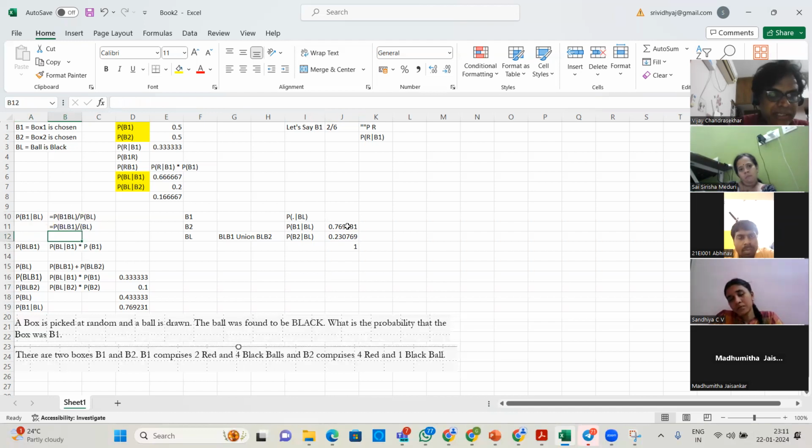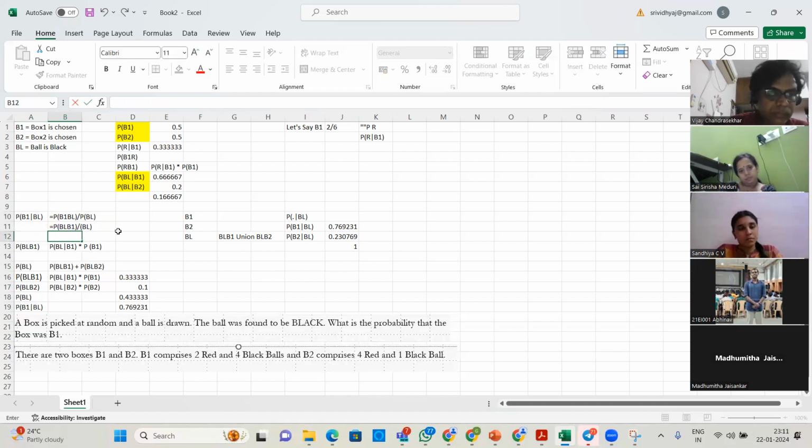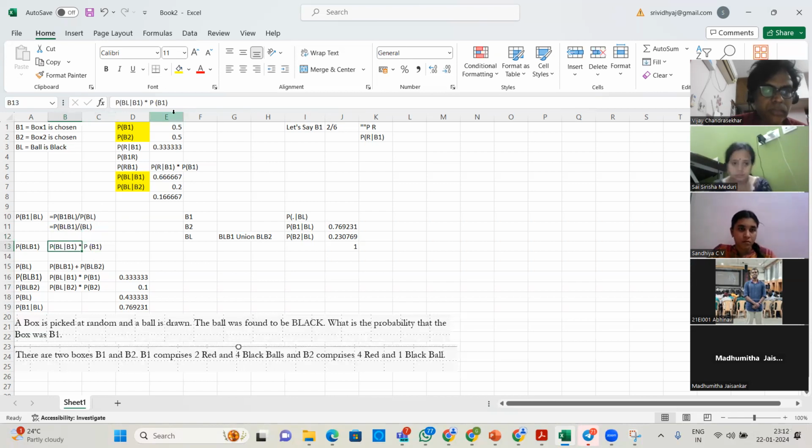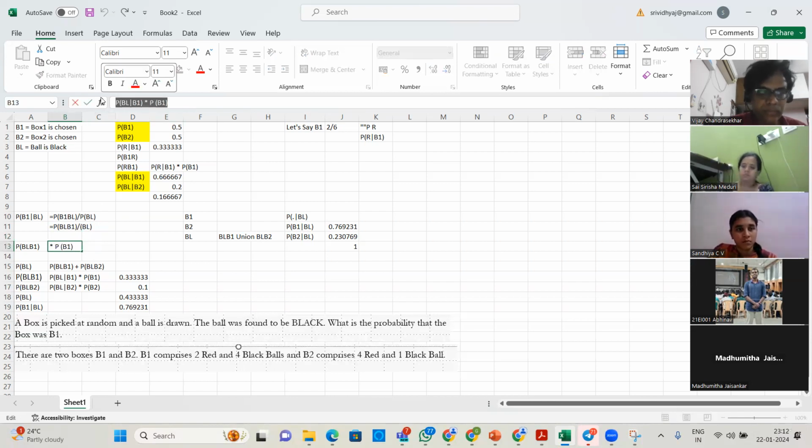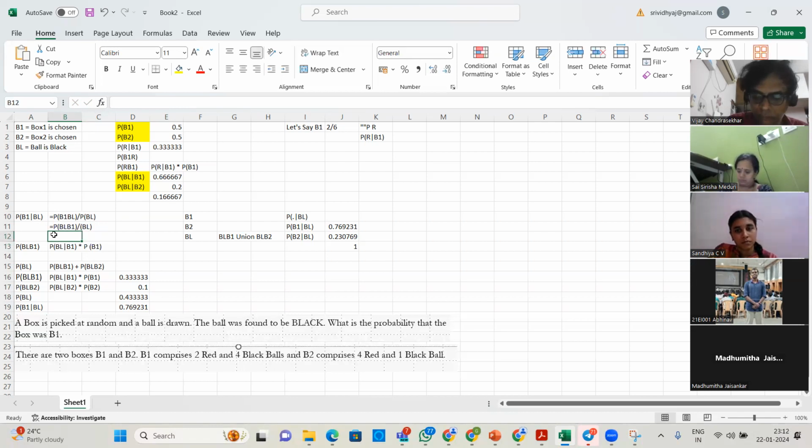If I replace this with this expression here, this whole expression divided by probability of BL. This is Bayes theorem.